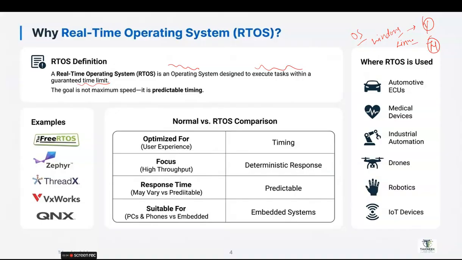Sometimes it gets stuck and you go to Task Manager and end some tasks. That's how it works. But this is the quality of an RTOS: if you design some tasks and they are running on an RTOS, they will execute within a guaranteed time limit.